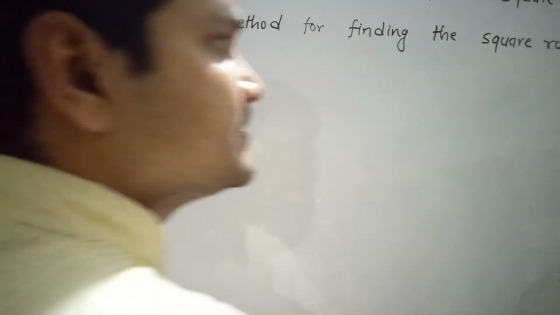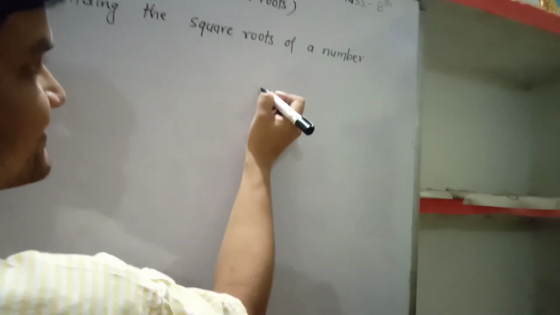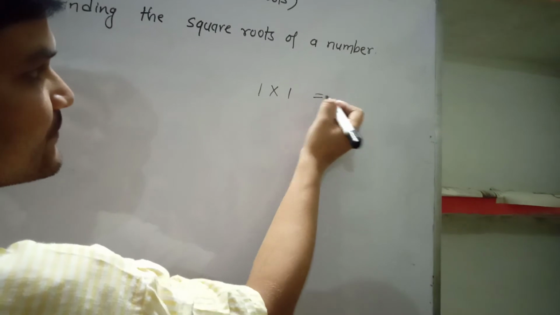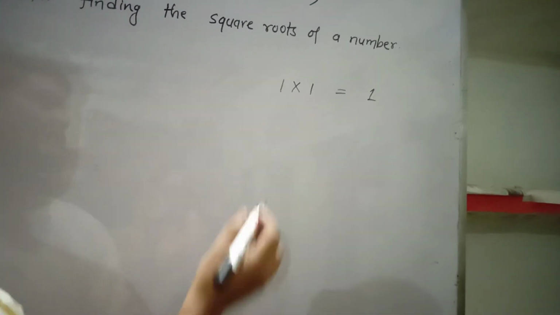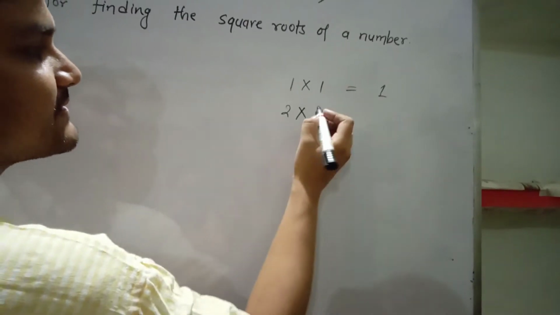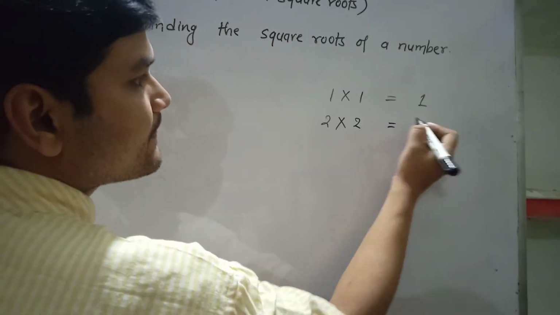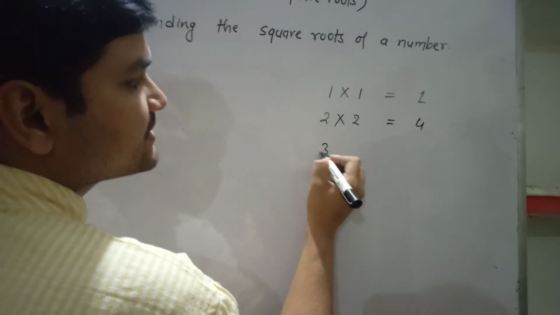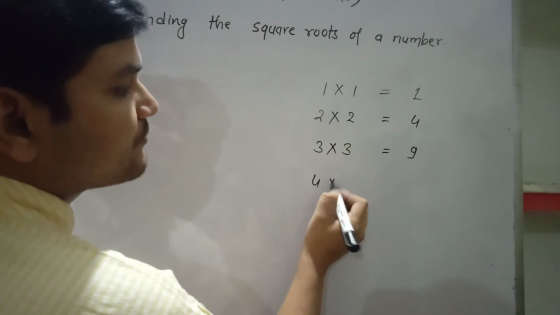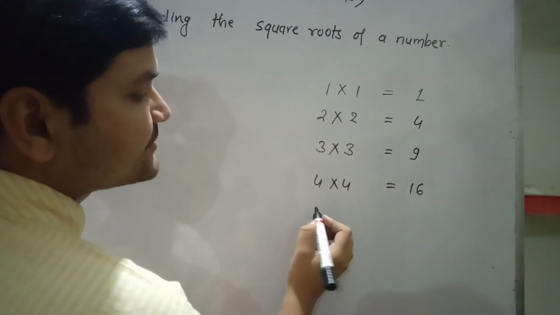For example, if we take 1 as a divisor, then we take 1 times 1, so we get 1. If we apply 2 as the divisor, then 2 times 2, we get 4. If 3, then 3 times 3, and for 4, 4 times 4, so we get 16.